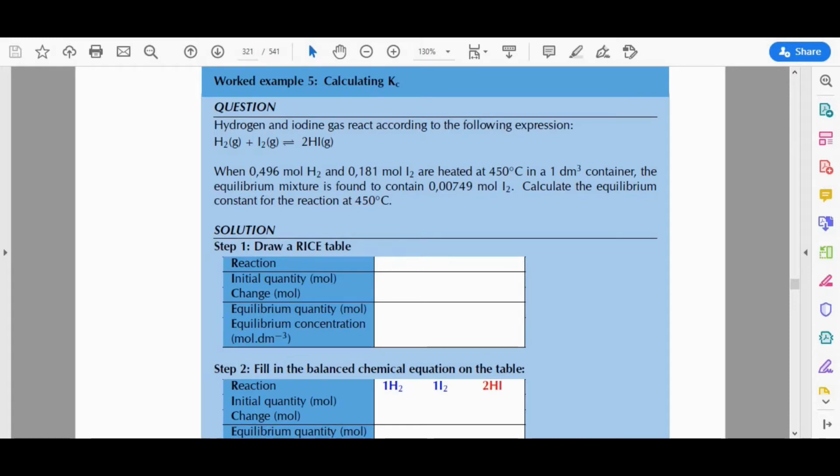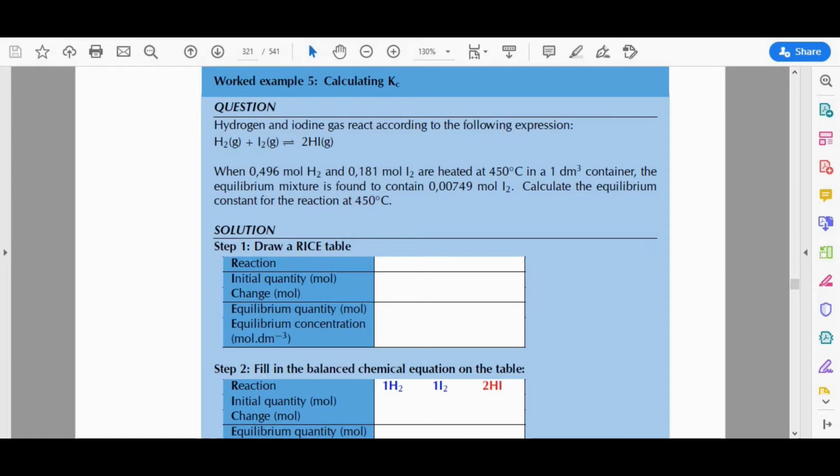They tell us that when 0.496 mole of hydrogen and 0.181 mole of iodine gas are heated to 450 degrees Celsius in a 1 decimeter cube container, the equilibrium mixture is found to contain 0.00749 mole of I2, which is iodine gas. Calculate the equilibrium constant for the reaction at 450 degrees Celsius.